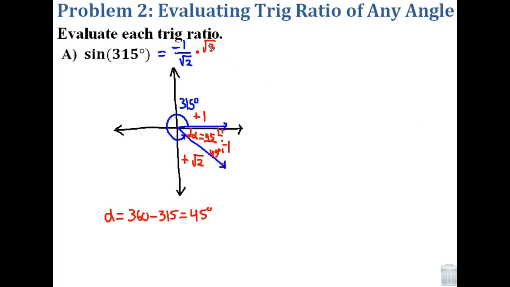I'll multiply by root 2 over root 2 to do that, which gives us negative root 2 over 2. So that's how we use our coterminal angles and a new definition to evaluate trig ratios that go beyond 90 degrees.